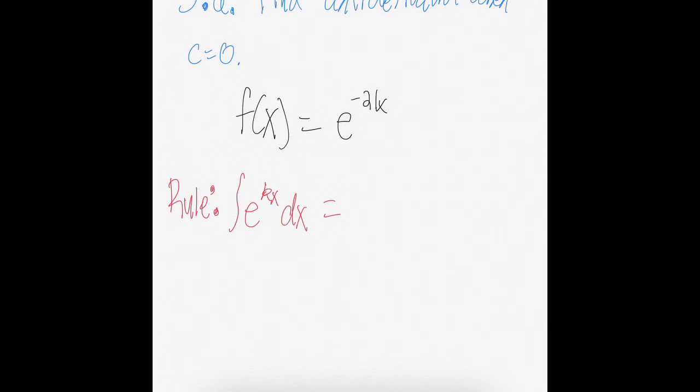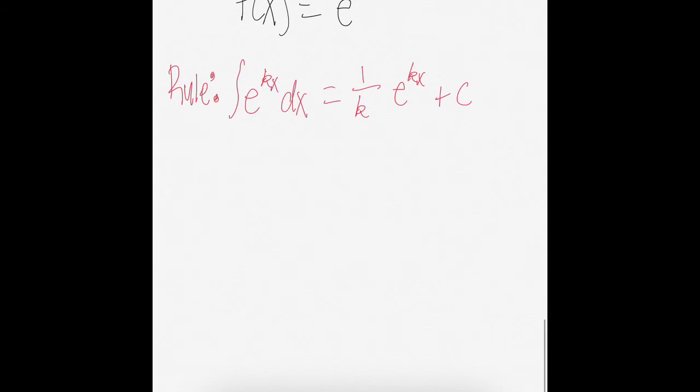I've been writing all my rules in blue, but now that I wrote the problem in blue, I'll write the rule in red. The rule we're going to use is that the integral of e to the kx dx, that antiderivative, is just 1 over k times e to the kx plus c.